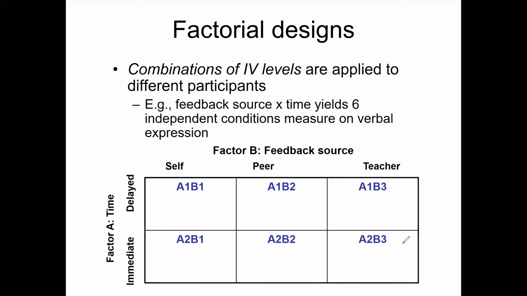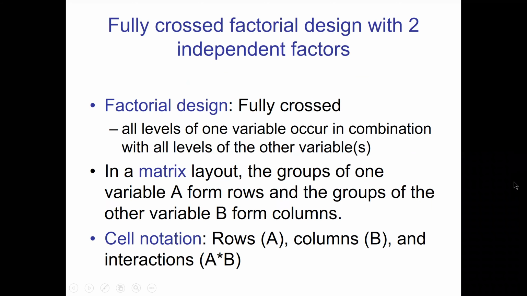If we had the same number of people in each cell, that would be called a fully balanced design. Fully crossed is when all levels of one variable occur in combination with all levels of the other variable.